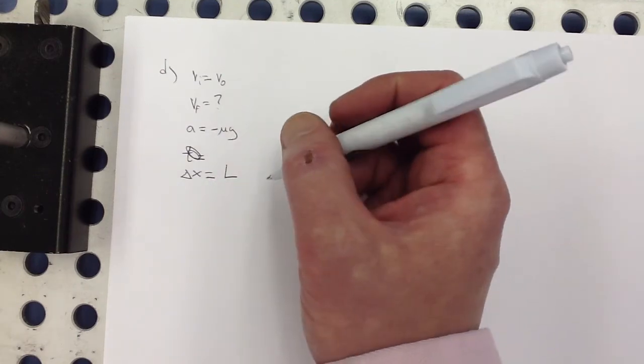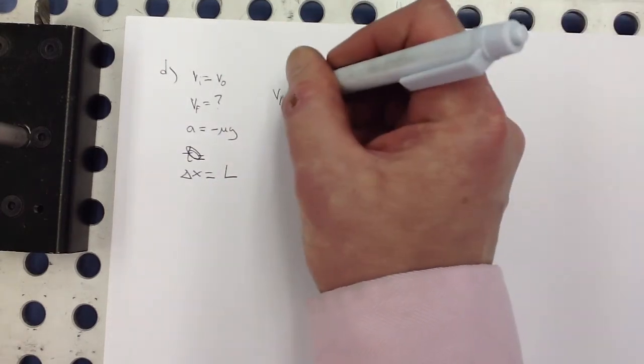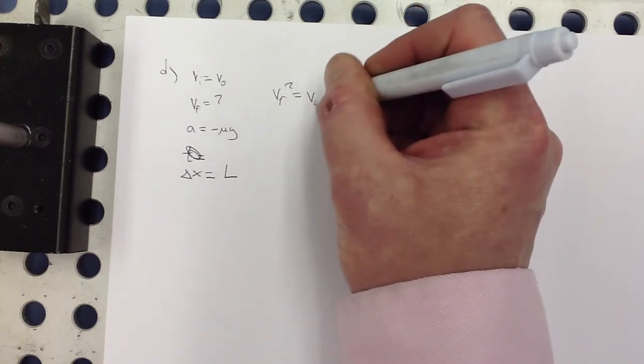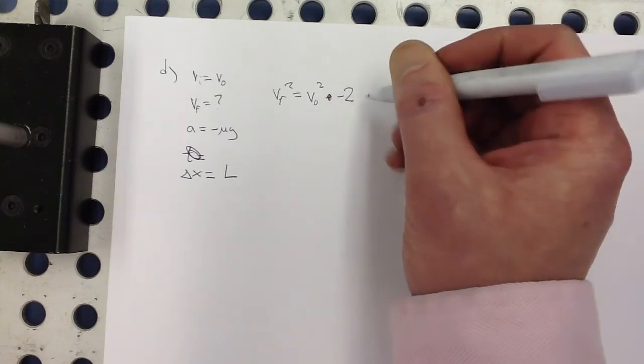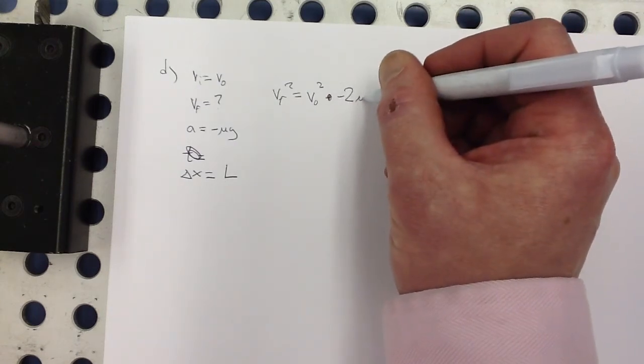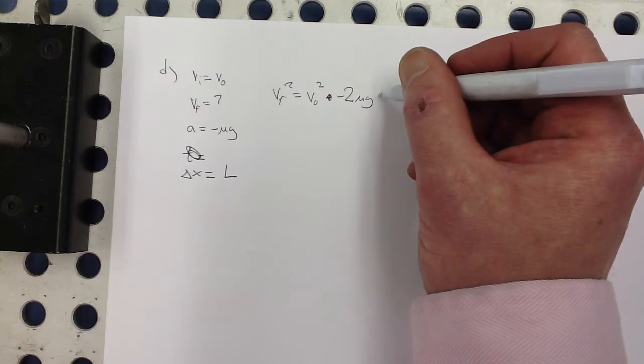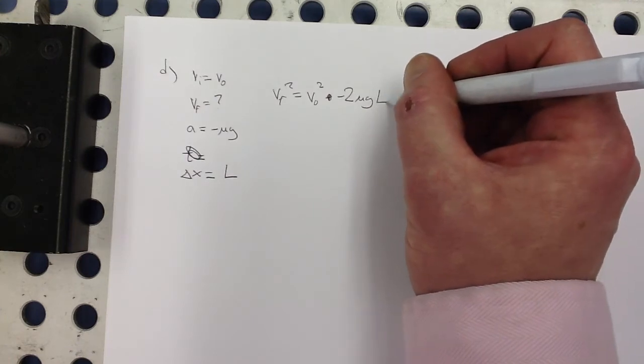Right? So let's see what that gives me. Vf squared is equal to Vi squared plus 2aL.